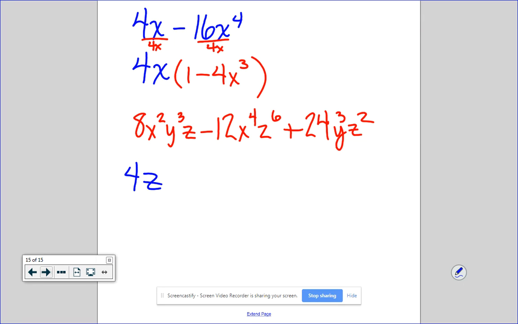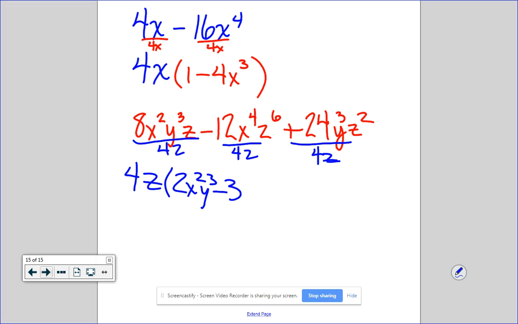But it wants us to factor by GCF. So I not only have to find the GCF, I then have to divide all three terms by 4z. So if I do that, I have 2x squared y to the third minus 3x to the fourth z to the fifth plus 6y to the third z.